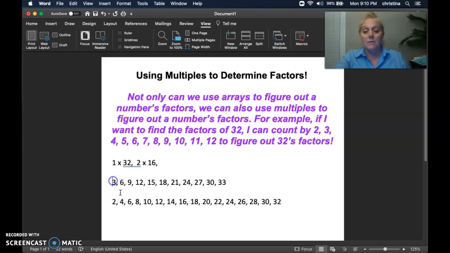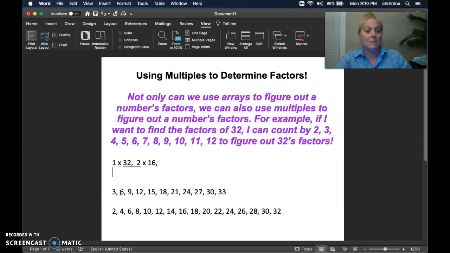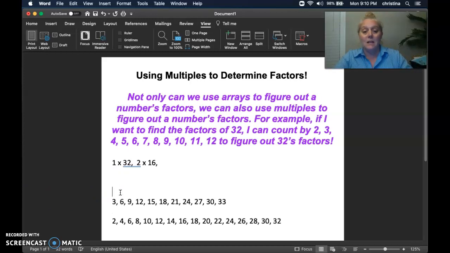Let's move to our next set of multiples, the number 4. 4, 8, 12, 16, 20, 24, 28, 32. Voila! We were able to get 32, so 4 is a factor of 32.